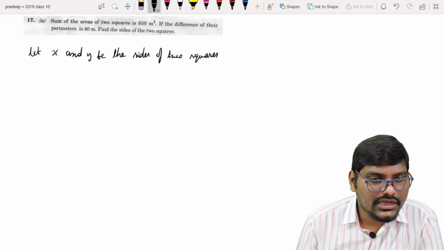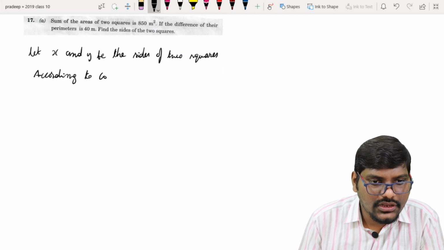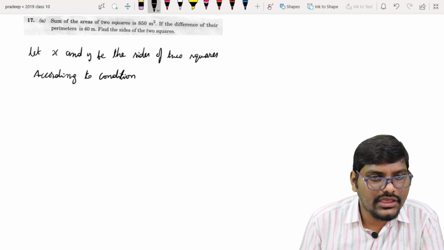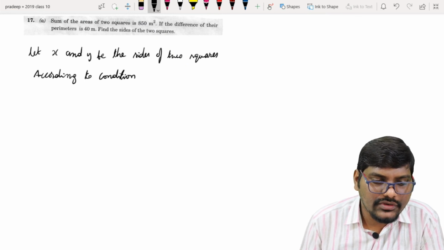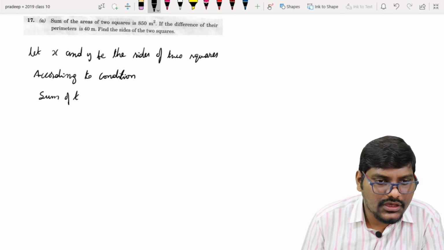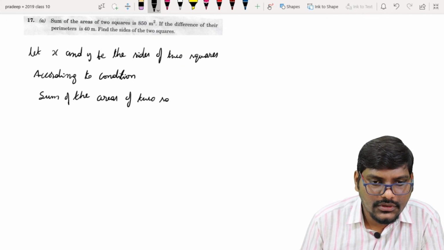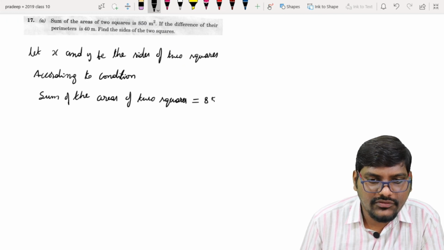So what is the condition they gave? According to condition, the sum of the areas of two squares was said to be 850 meters square.